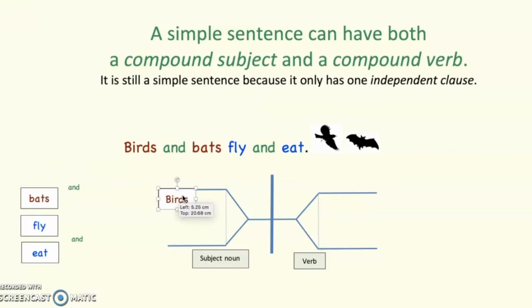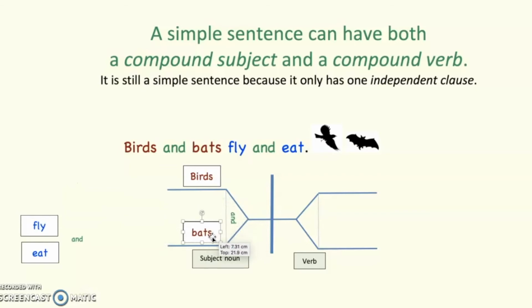So here we go. We have birds and bats. We have two elements of our subject, birds and bats. And what do the birds and bats do? They fly and eat. Both the birds fly and the birds eat.